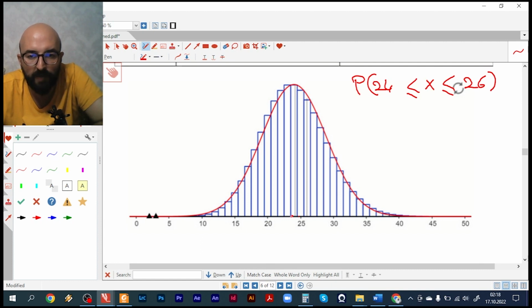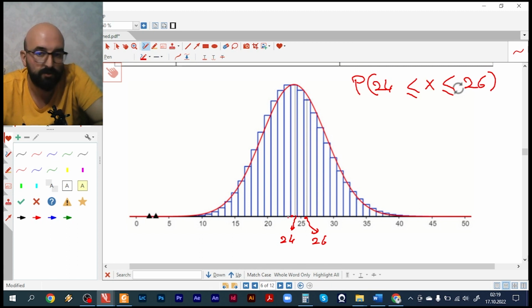Please look at the blue line. But the 24 point is here and the 26 point is here.